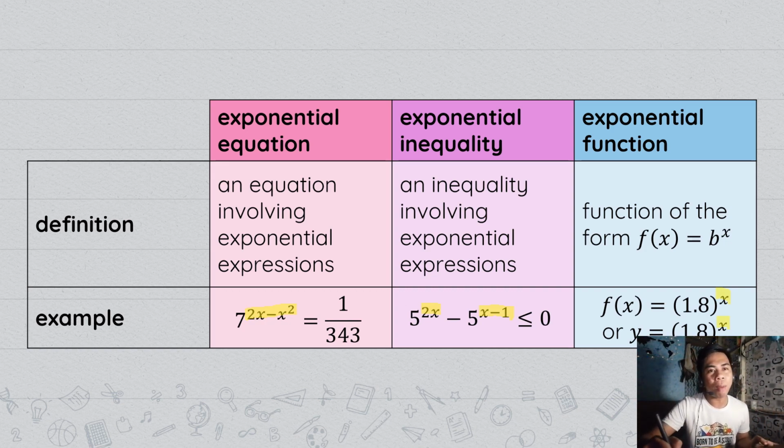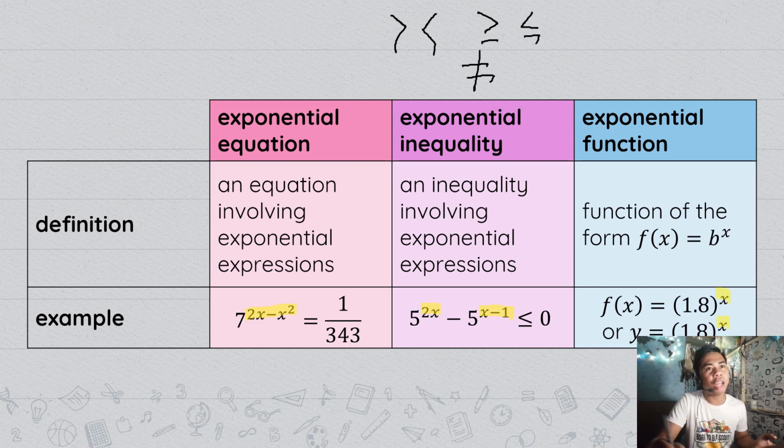So aside from less than or equal, we have other signs that express inequality, such as greater than, less than, greater than or equal to, and of course, not equal. Those are the inequality symbols used in an exponential inequality.